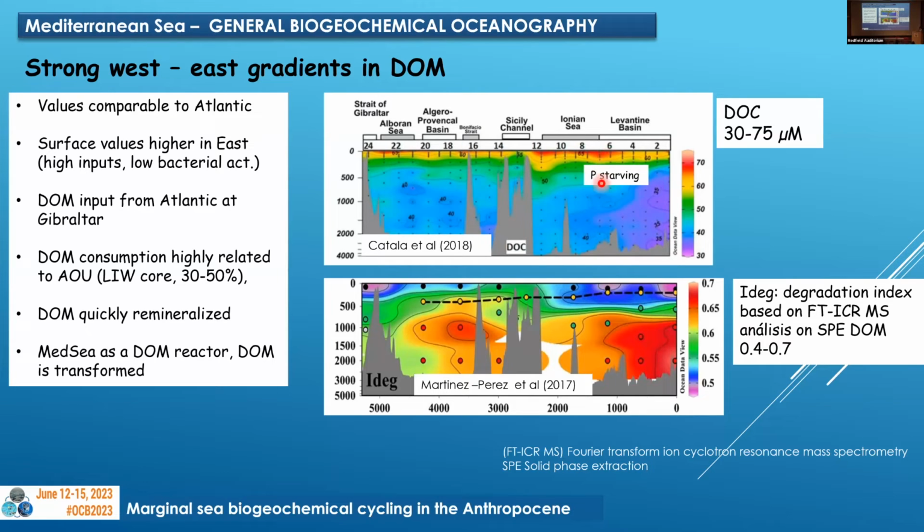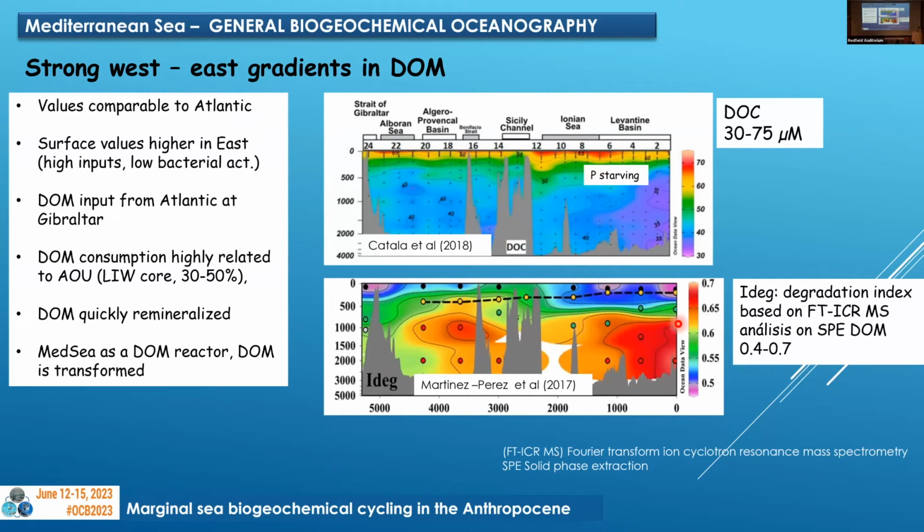In fact, the Mediterranean Sea can be considered a reactor for organic matter, where it gets transformed from having a more marine origin in the Atlantic, in the Gibraltar Strait, to having a more terrestrial origin within the Mediterranean and getting out with the Mediterranean outflow.